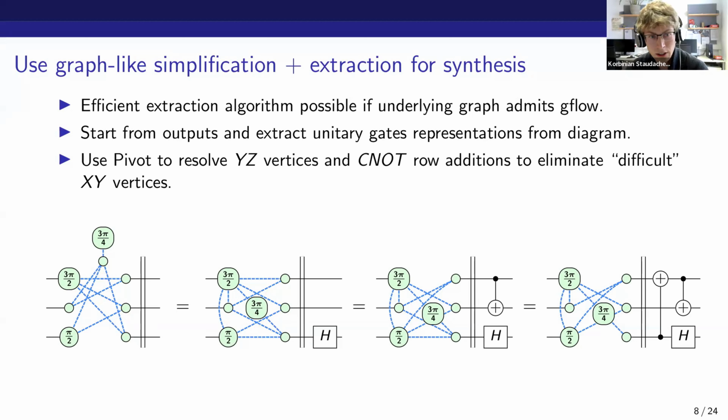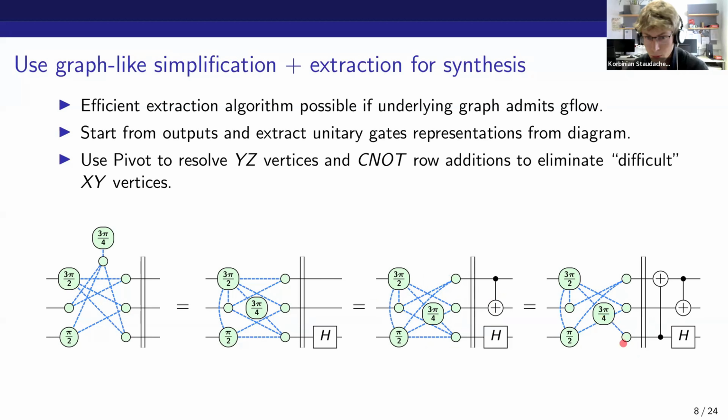And the nice thing is that if we have only XY spiders and the outputs here, we can find a series of CNOT row additions where we place CNOTs on the circuit so that we can add up the wires here between outputs and neighboring spiders so that only an output remains which has a single neighbor.